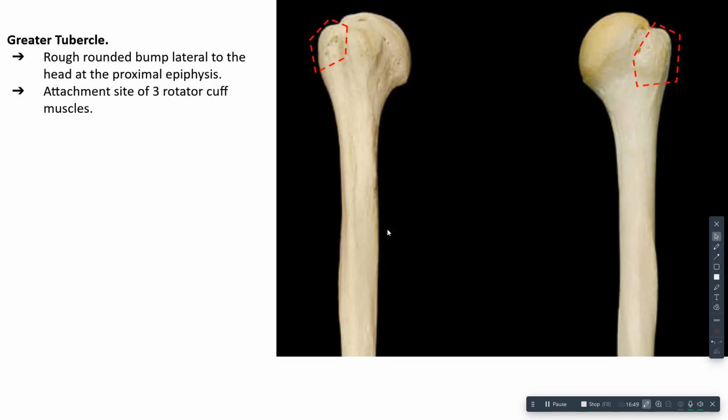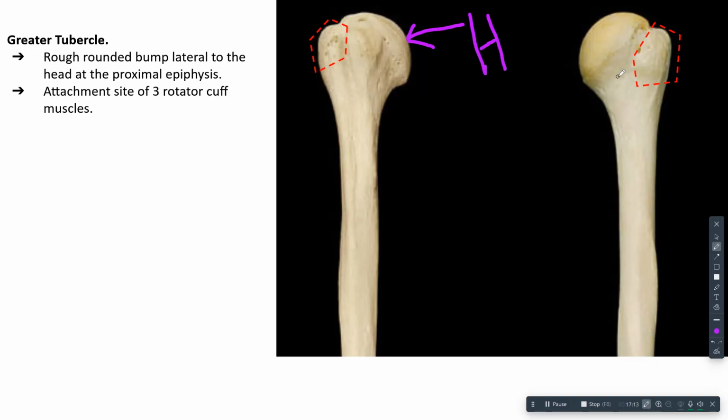Okay, opposite the head, we're going to find a fairly good-sized rough bump. So here is the head of the humerus right there. If I go opposite the head, I'm going to find this bump here, and I can see it from the front or from the back. That bump is called the greater tubercle.